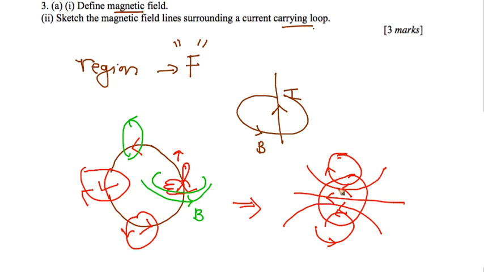Okay, this is how you can draw the magnetic field surrounding the current carrying loop.